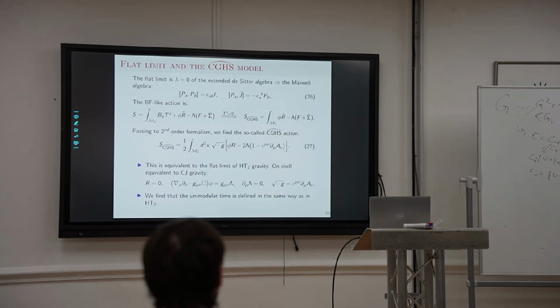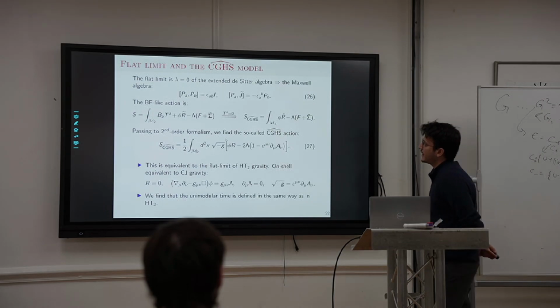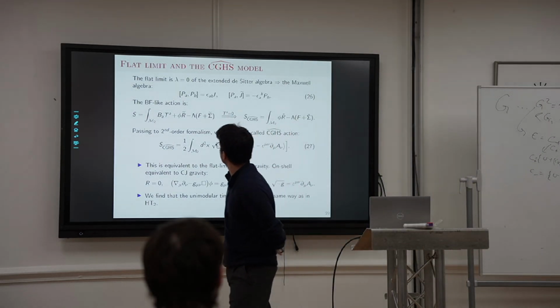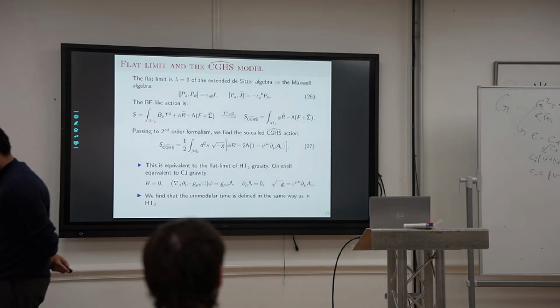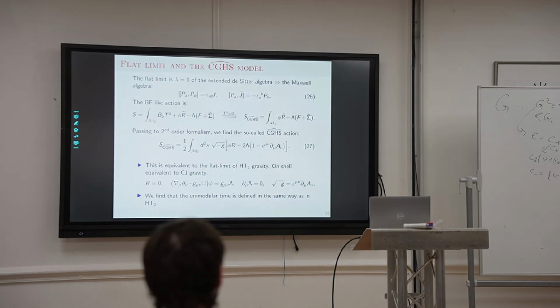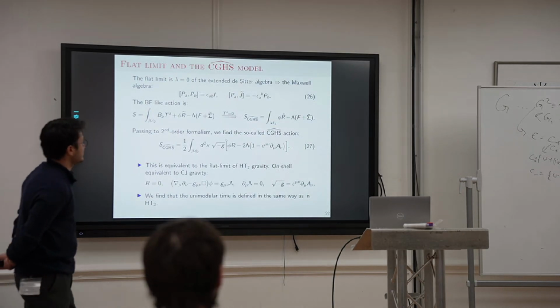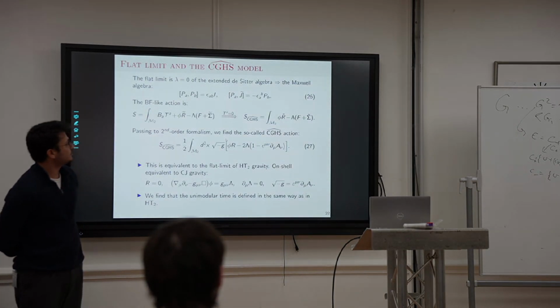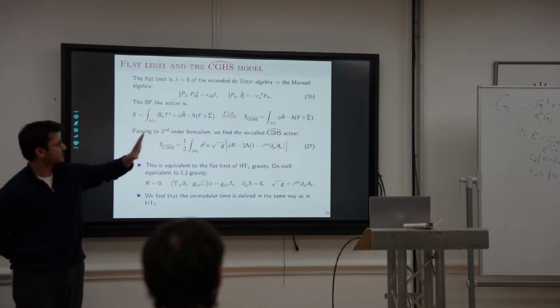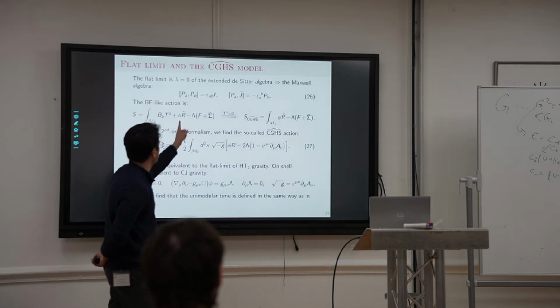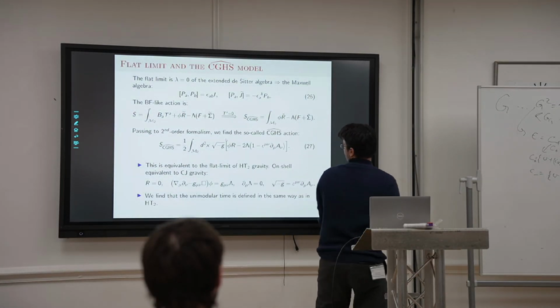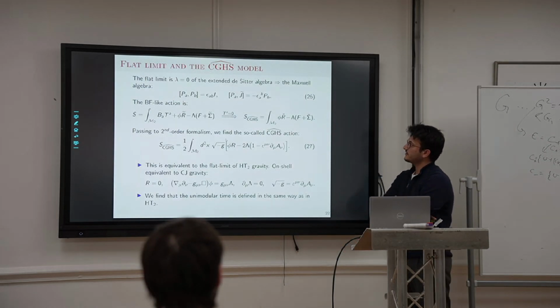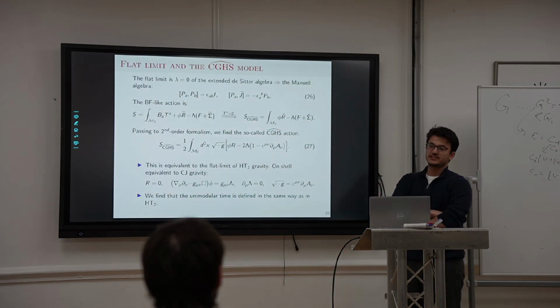At the start, I also talked about the flat limit, the CGHS model. And actually, this is the lambda equals 0 limit of the extended de Sitter algebra. If I take lambda equals 0 in my HT2 extended de Sitter algebra, but not the decoupled theory, you will get this very simple Maxwell algebra. And the BF theory is actually going to be the CGHS model.